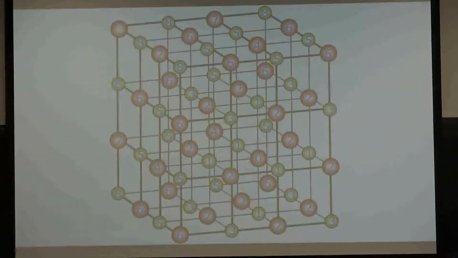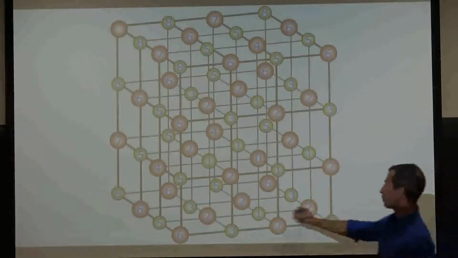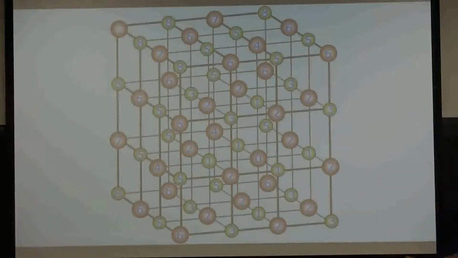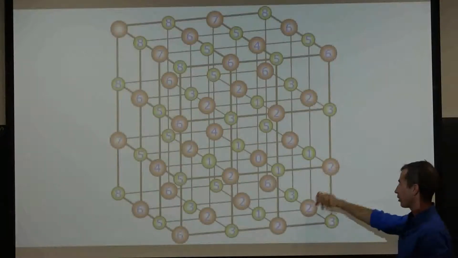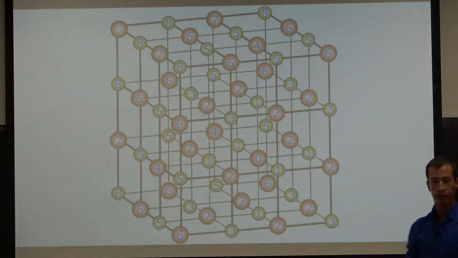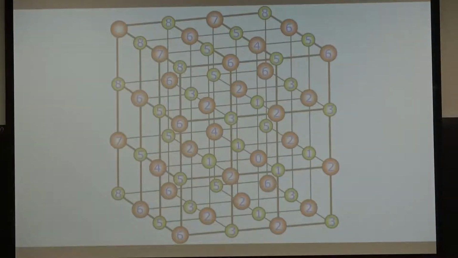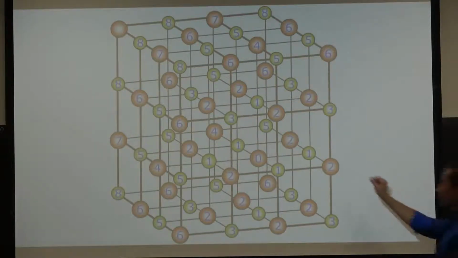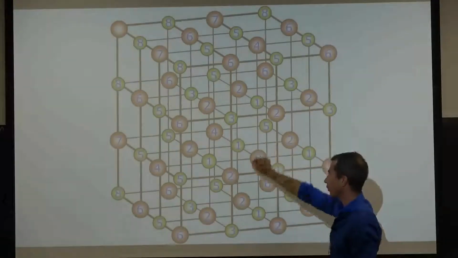If you go through and count, there are 12 of these second generation chlorine atoms. What does the 2 represent? 2 is just your next shell farther out, if you're thinking about this almost like spherical.